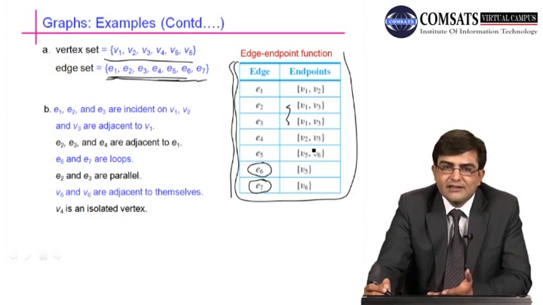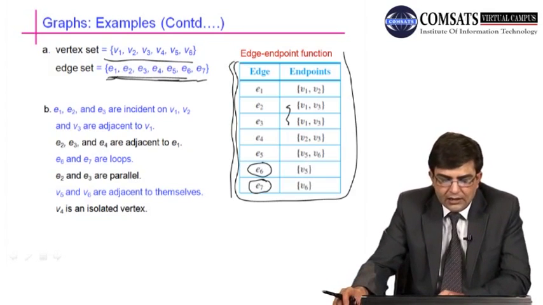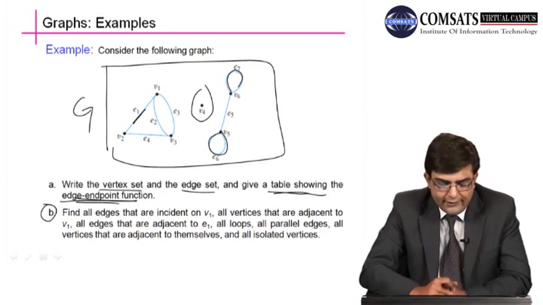So the isolated vertices do not appear in the edge endpoint function. Now in the B part of this example, find all edges that are incident on V1.